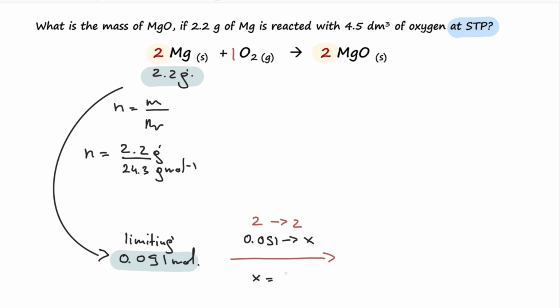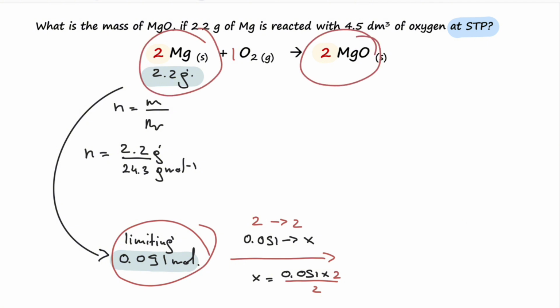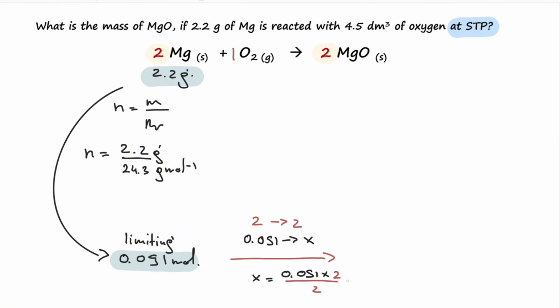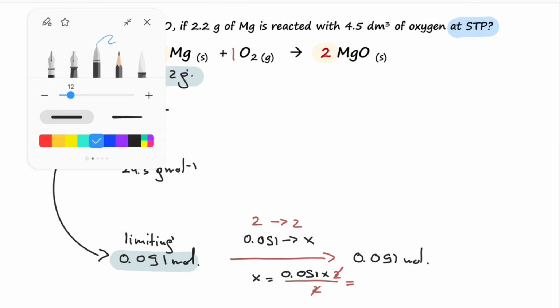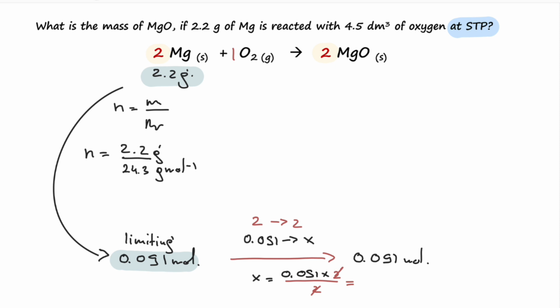So x equal to 0.091 multiplied by 2 divided by 2. So the answer will be the same because you can just cancel them. Okay, and here you will get 0.091 mole. And the last step, in the last step guys, you'll find the mass of the magnesium oxide.